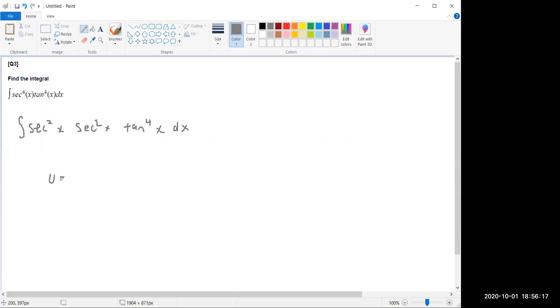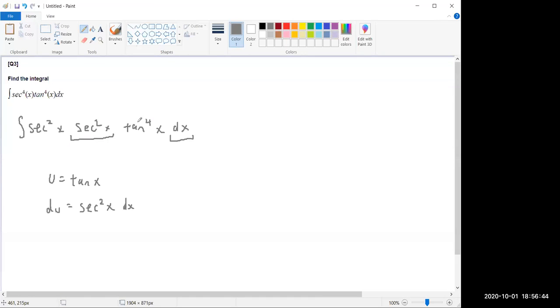So if u is tangent of x, then what's the derivative of tangent? Yeah, the derivative of tangent is secant squared of x dx. Yeah, I think that might work. So we have a secant squared of x here, and the dx is there.